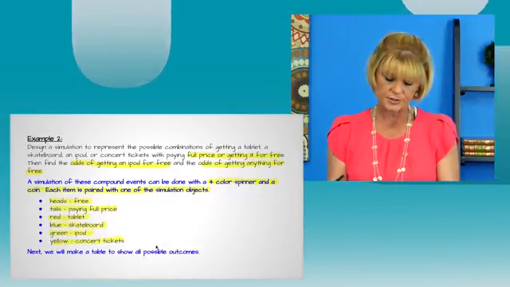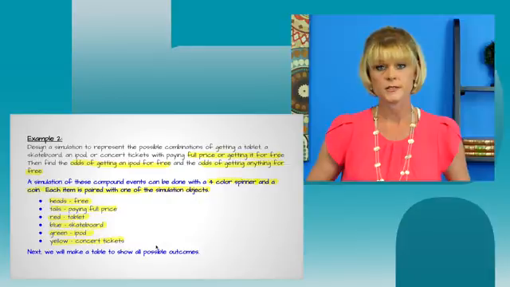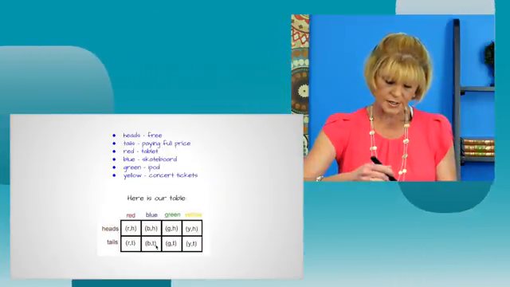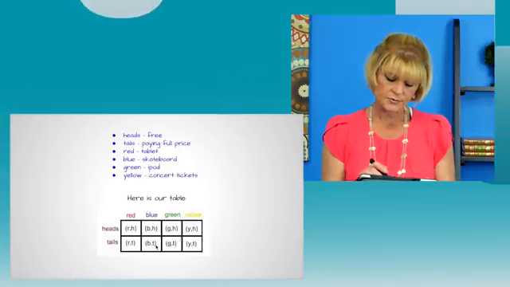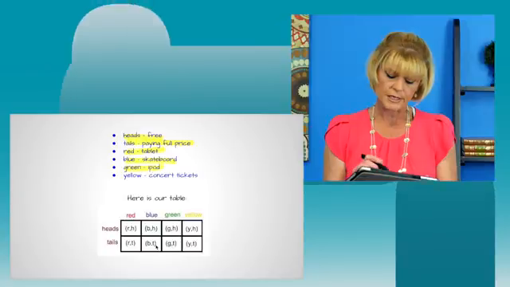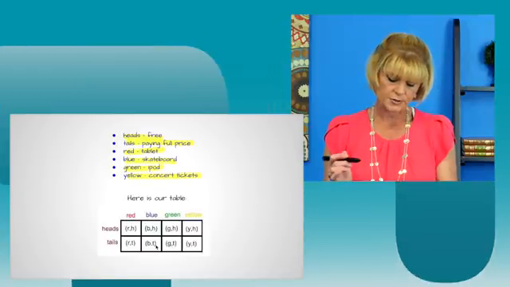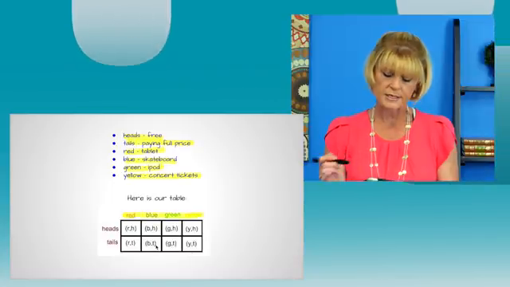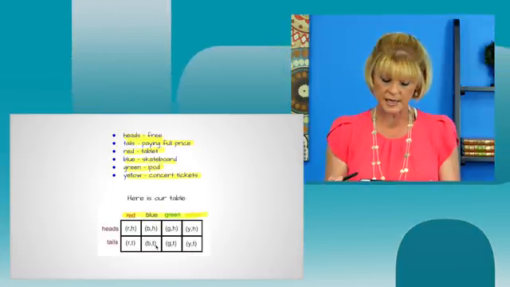Next, what we're going to do is make a table to show all the possible outcomes. All right, here it is. Again, remember, heads is free, tails full price, red tablet, blue skateboard, green iPod, and yellow is concert tickets. So the top row, we have red, blue, green, and yellow to represent each of the items.